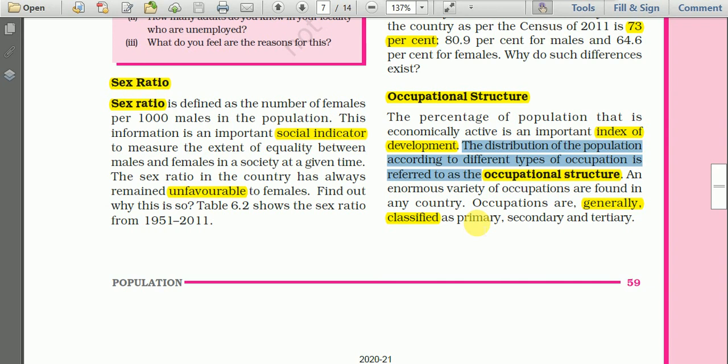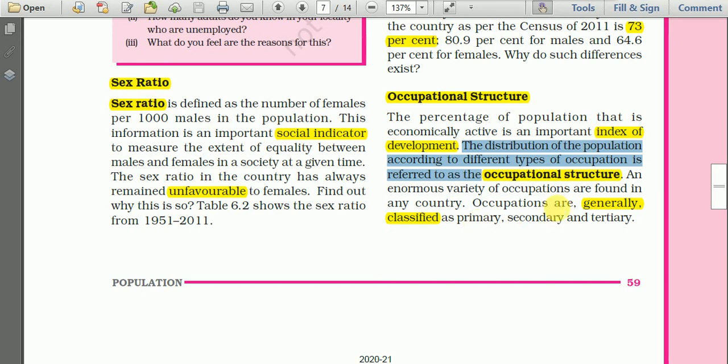How many people are working in agriculture, how many in industries, that is what we call occupational structure. And occupation means any activity which is economically gainful.